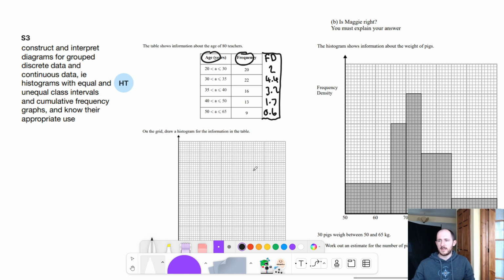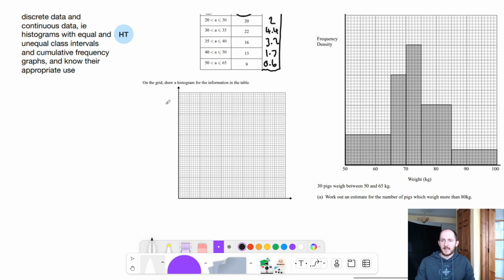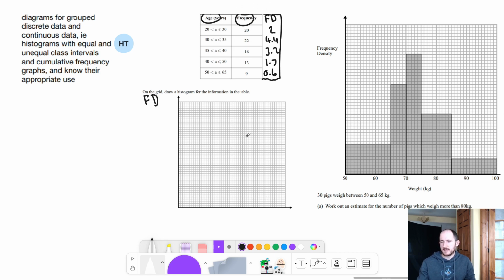Okay, now for a histogram, the height, if you want to call it that, the y-axis is the frequency density, and this would just be whatever your thing is. So in this case, it's age, right? And I'm going to start at 20, and then if you look each big one, it needs to go up to 65. So 30, 40, 50, 60, 70, that works perfectly. So every big square I'm going to do is 10.